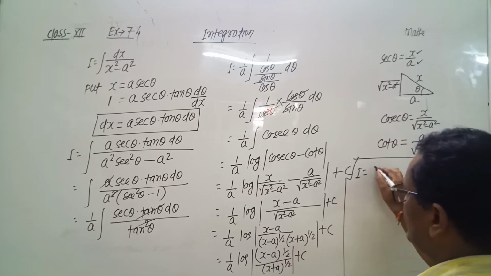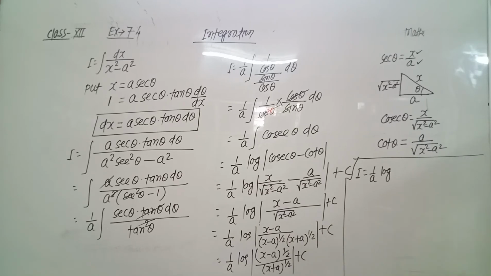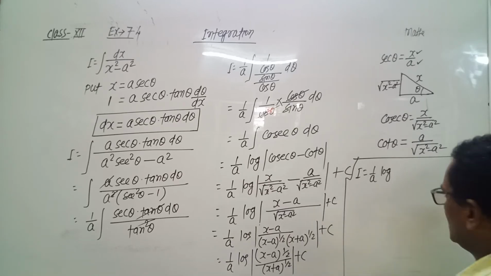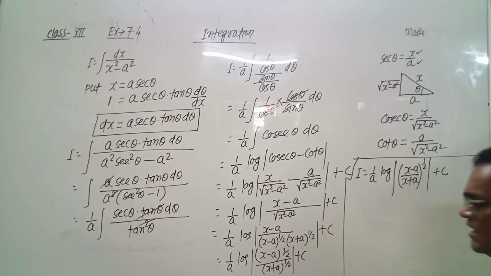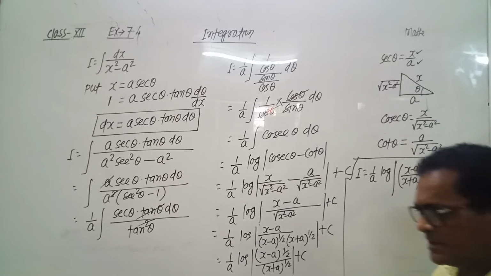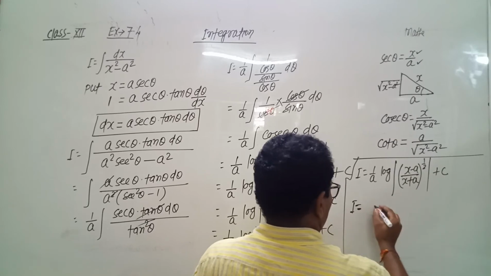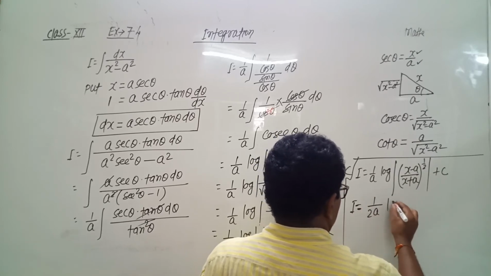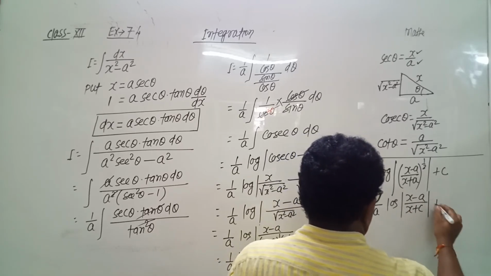Now I equals 1 by a log. Both have the power 1 by 2, and we know power 1 by 2 means root, and we can write that in a single power: x minus a upon x plus a, raised to the power 1 by 2, plus c. And we know the property of log: this power will come to the beginning place. So I equals 1 by 2 comes here in multiplied form, so it becomes 1 by 2a log of x minus a upon x plus a, plus c.